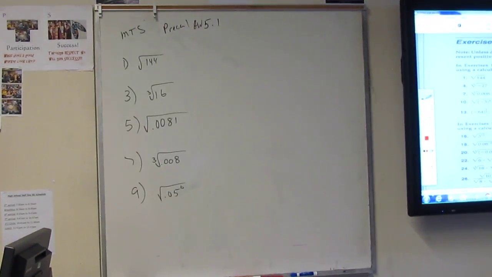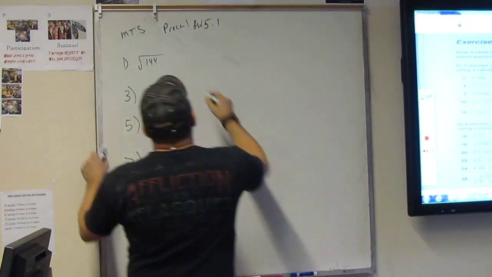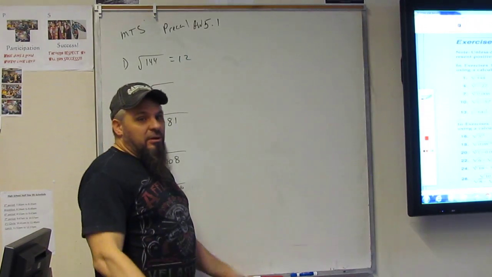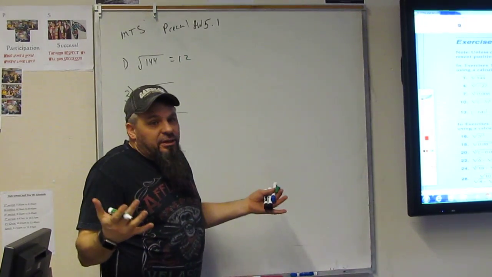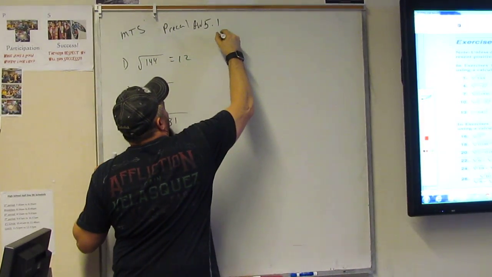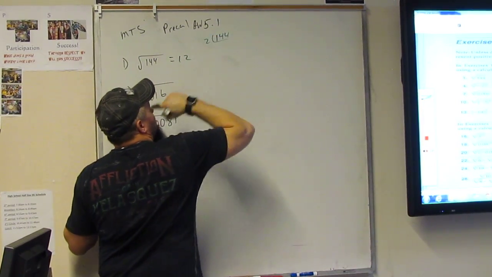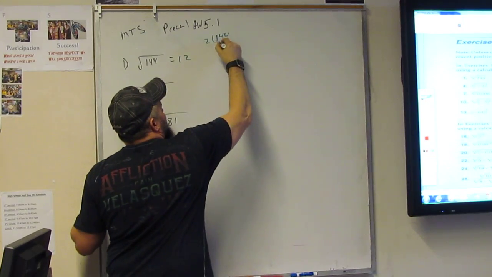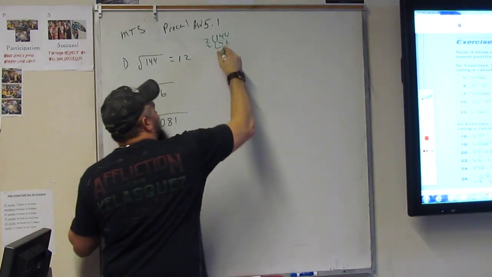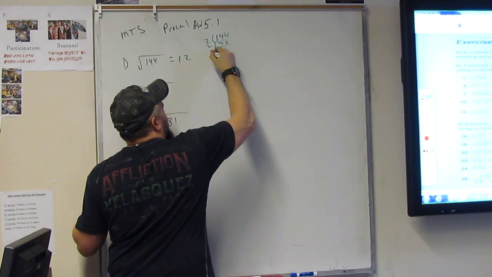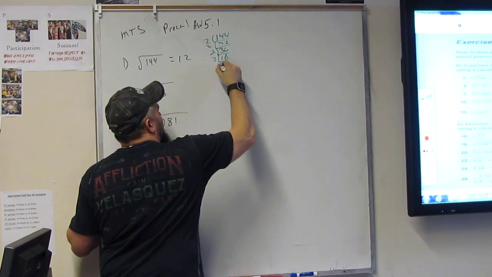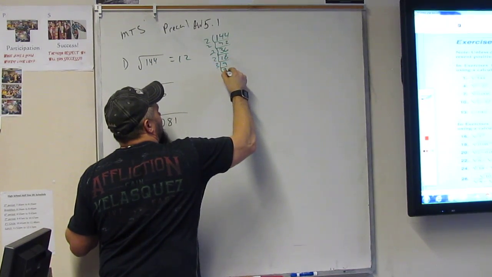With 144, I know that that's 12, because 12 times 12 is 144. So if you're good, you're good. How did we get there? 144, break it down: 2 goes into 144, that's 72, and 2 goes into 72, that's 36, and then 2 is 18, and then 2 is 9, and 3, and 3.